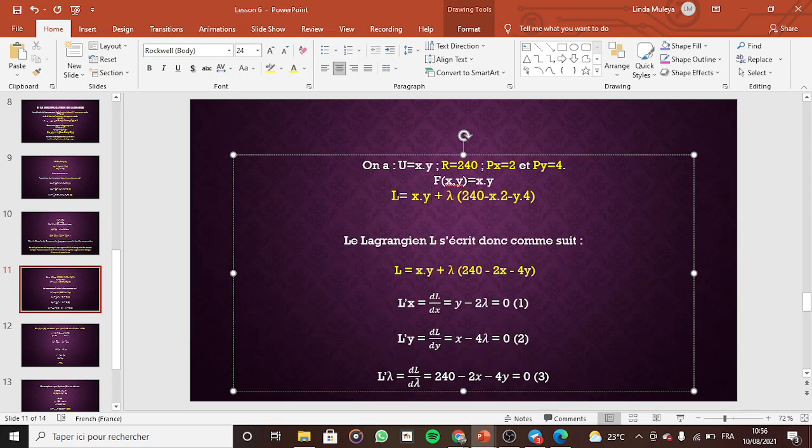Once you break down this entire thing, it gives you the first equation we have down here, which is L equals x times y plus Lagrange multiplier times 240 minus 2x minus 4y. This is our first major equation.